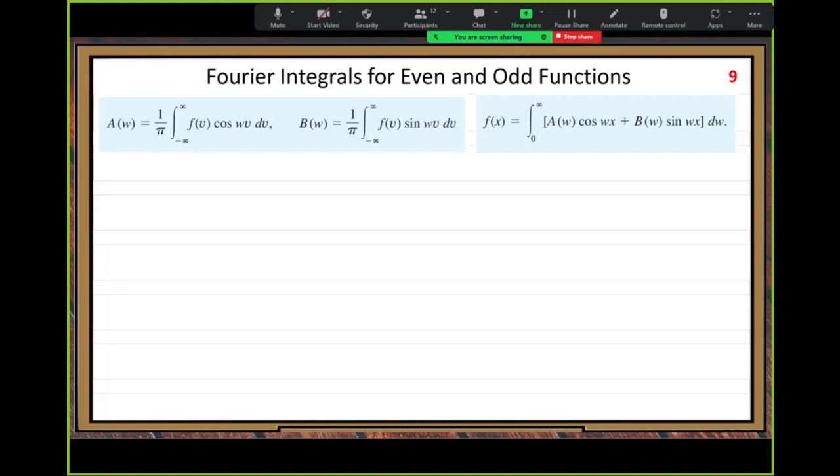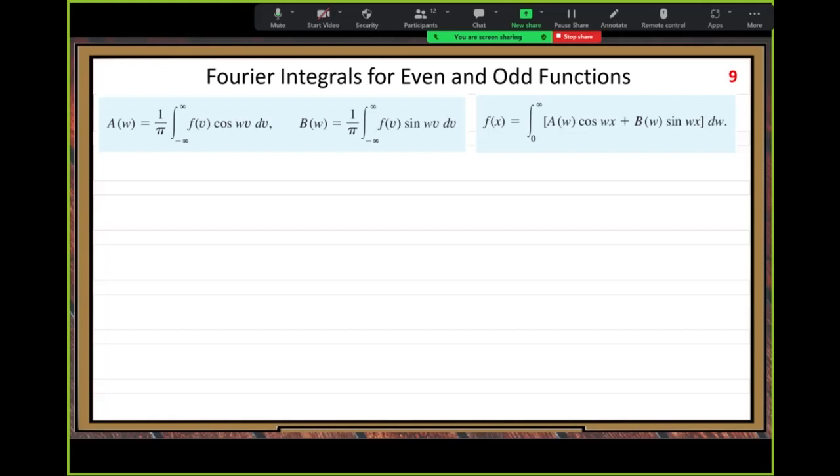When we represent Fourier integrals of even and odd functions, remember the symmetry: half of the integrals, the sine or the cosine, will give us 0. Then we can simplify our representation. That is one of the most important reasons why we consider even and odd functions.